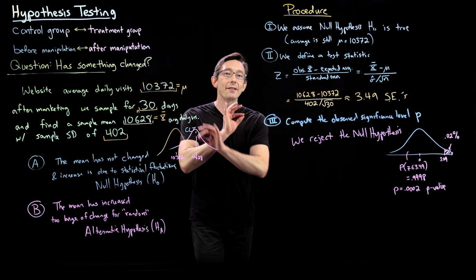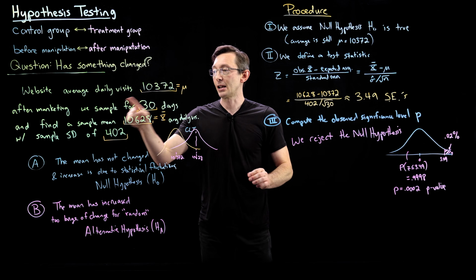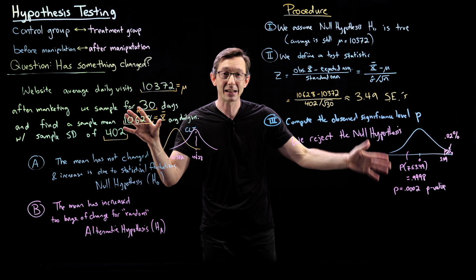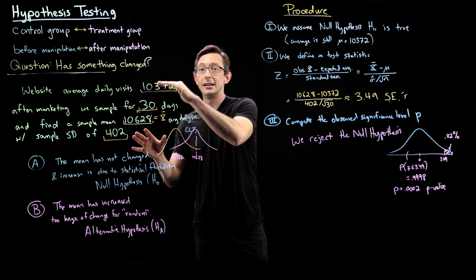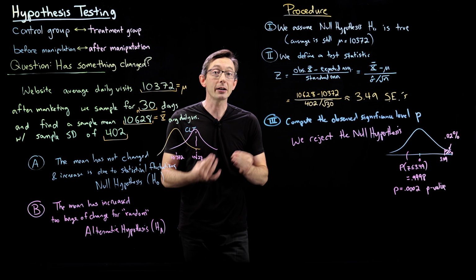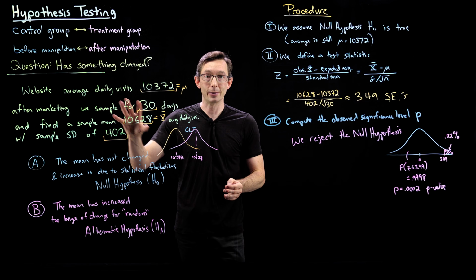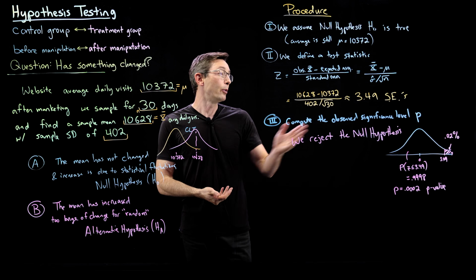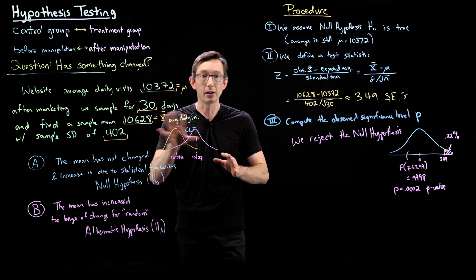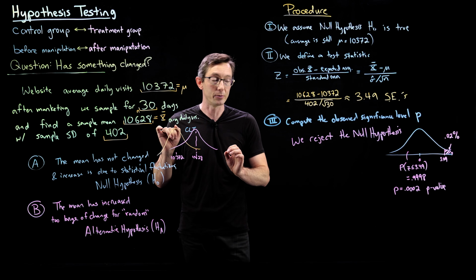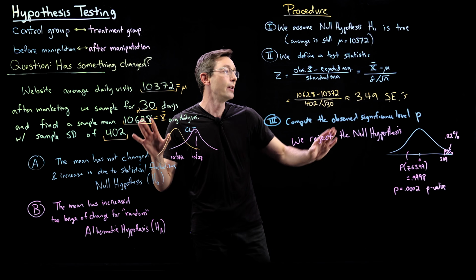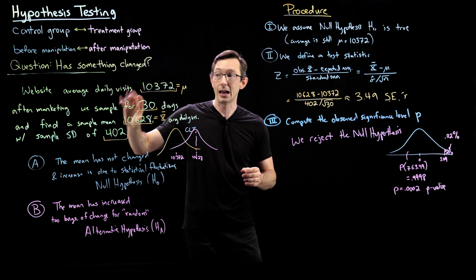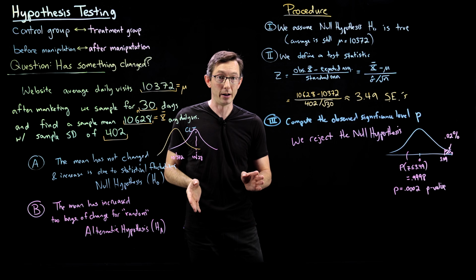Okay. Now, we have not proven that this comes from a different distribution. We have just said that it is very statistically unlikely that the distribution hasn't changed. It's very likely that the distribution of average daily visitors has changed. We haven't proven that it has, but assuming the central limit theorem and the data collection was correct, based on our assumptions, there's less than a 0.02% chance that this data came from the same old distribution where nothing changed.